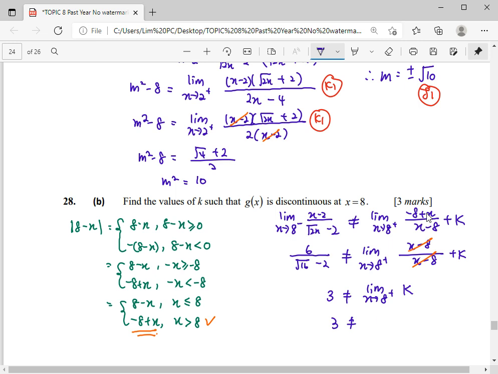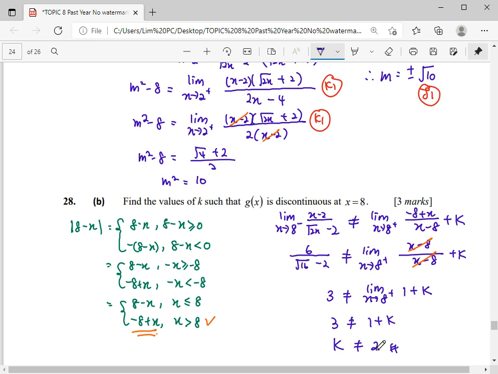When we have a constant, the limit equals the constant. So 1 plus k. When you simplify here, remember we still have a 1 here. So 1 plus k, so our k cannot equal the value of 2. It means you can put any value of k, but it's not 2.